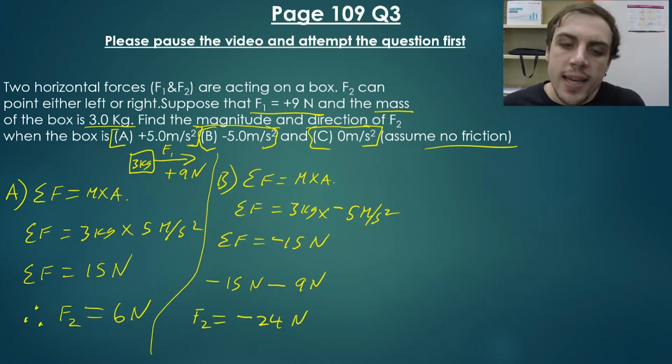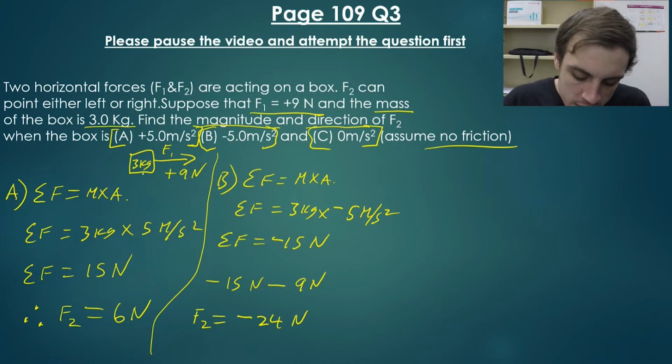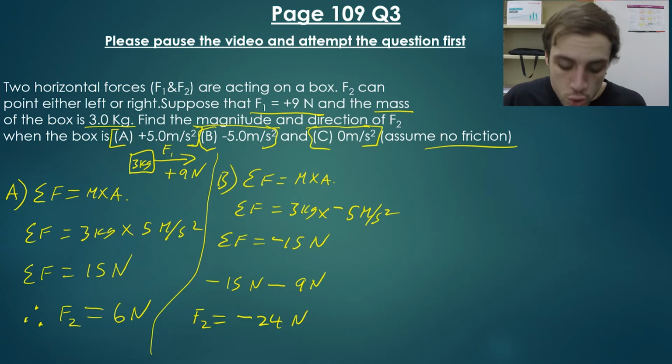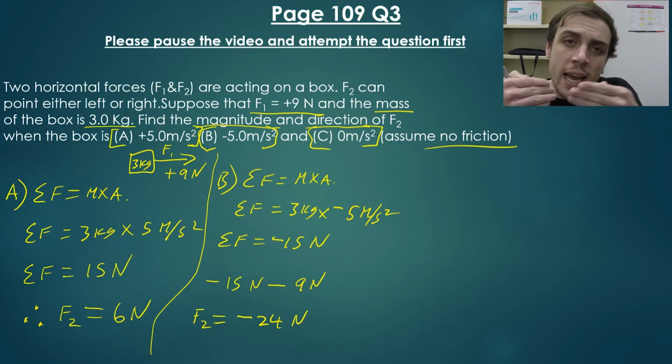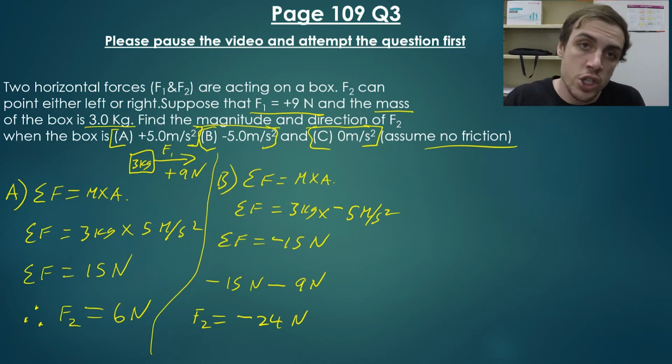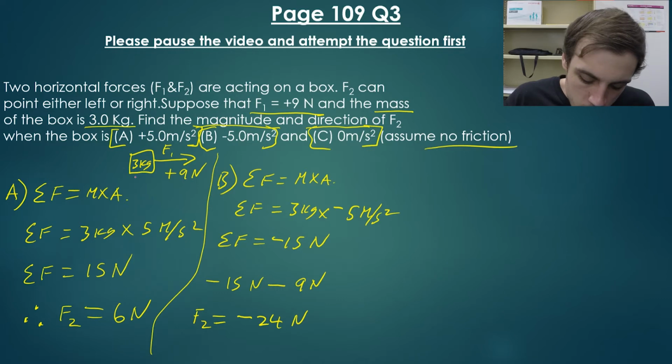So what we can see here is that for this box to have an acceleration of 5 meters per second squared, F2 only needs to be 6 newtons. Why? Because F1 and F2 are working together. They're both pushing in the same direction. However, when we've got negative 5 meters per second squared, F2 is going in the opposite direction.